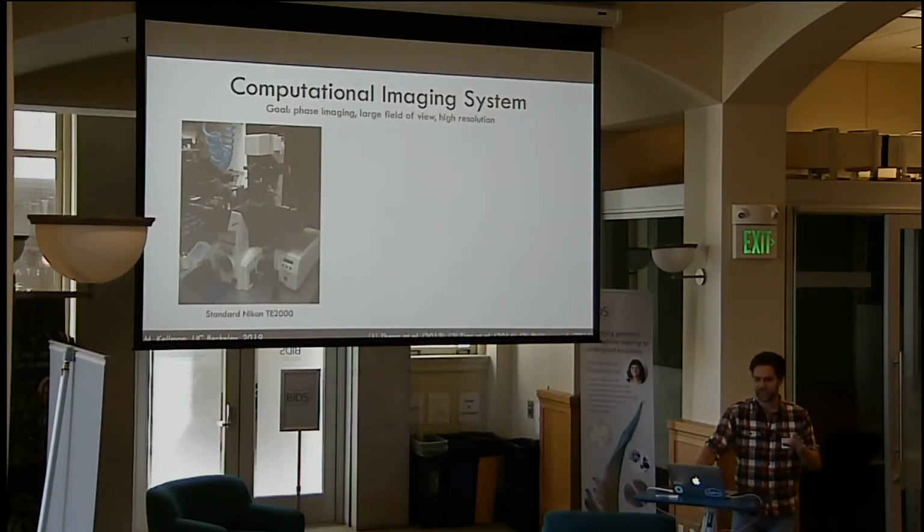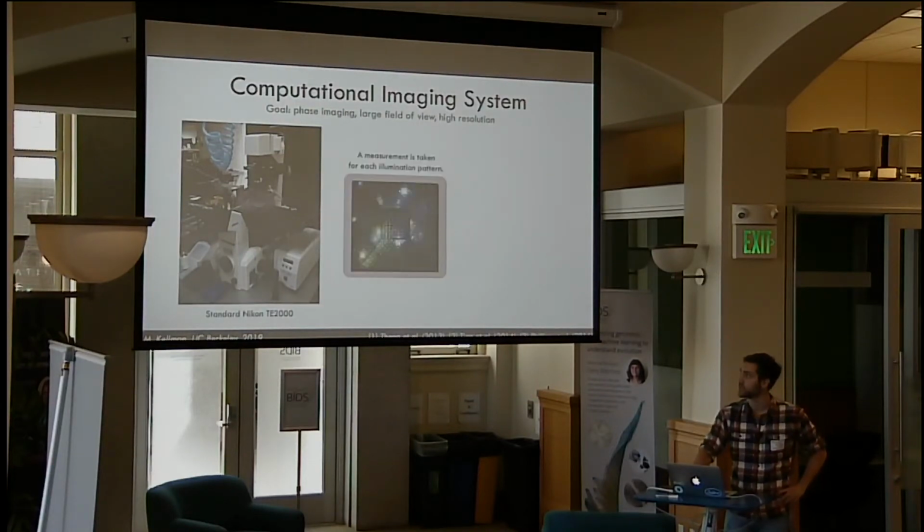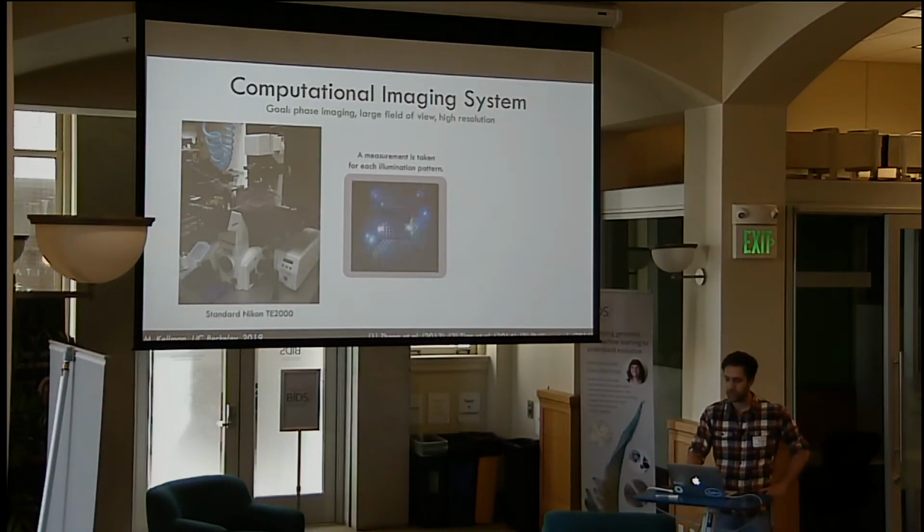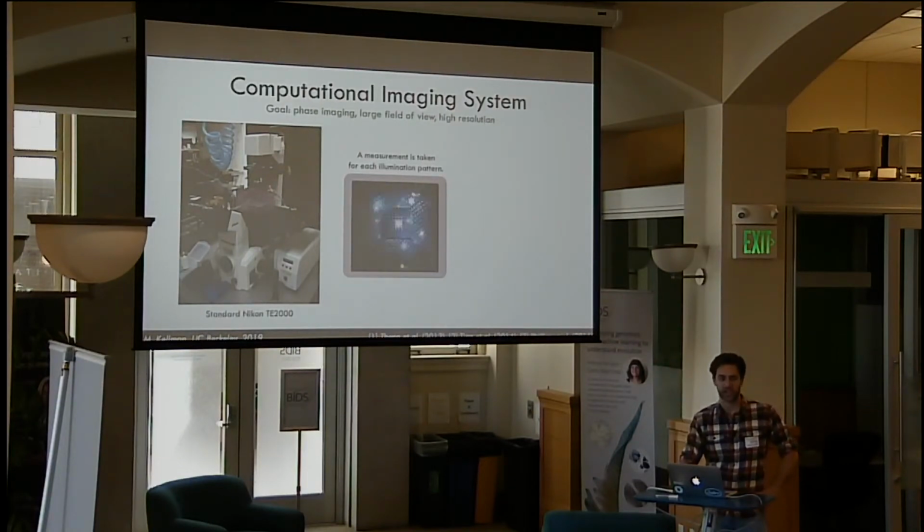So to build one of these systems, we could take a standard microscope here, a Nikon circa 10, 20 years ago, and we can replace its conventional illumination source with an LED array, basically a coded illumination source. And we can acquire a measurement for each one of these patterns flashing on the array.